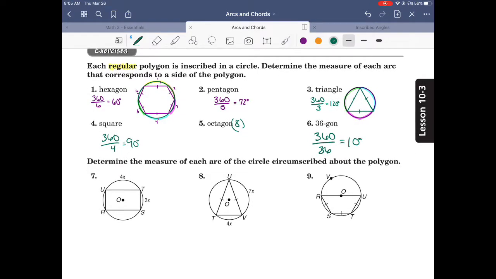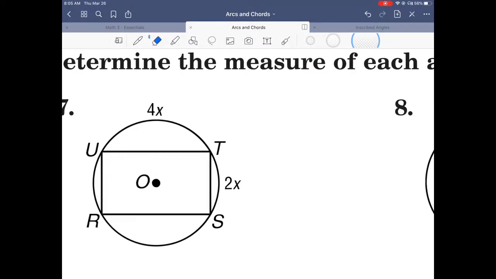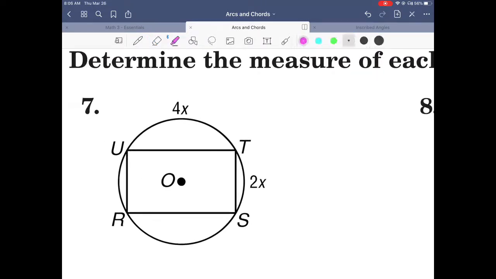Determine the measure of each arc of the circle circumscribed about the polygon. So the circle is on the outside of the polygon. All right. If this is a rectangle in here, we know that UT is congruent to RS.